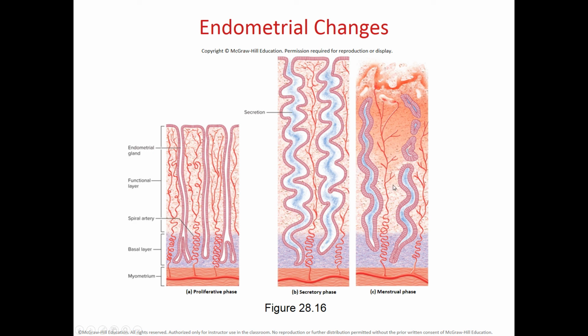If nothing happens and no fertilization happens, these arteries undergo constriction. They create hypoxia and necrosis of this tissue, and the cells of the glands don't connect into the lumen, and then they regress in size.